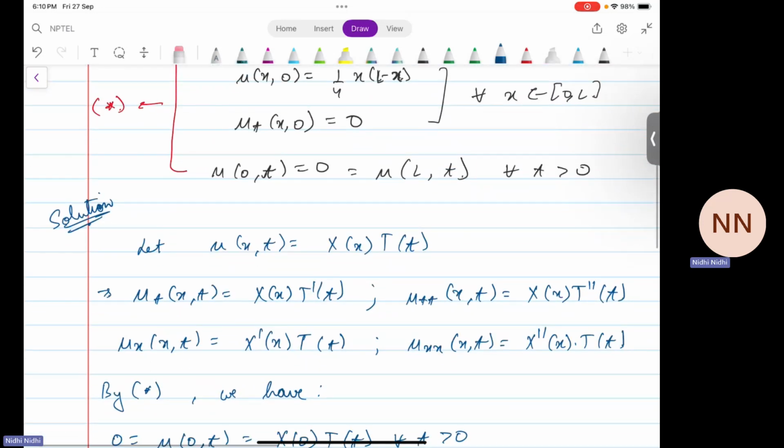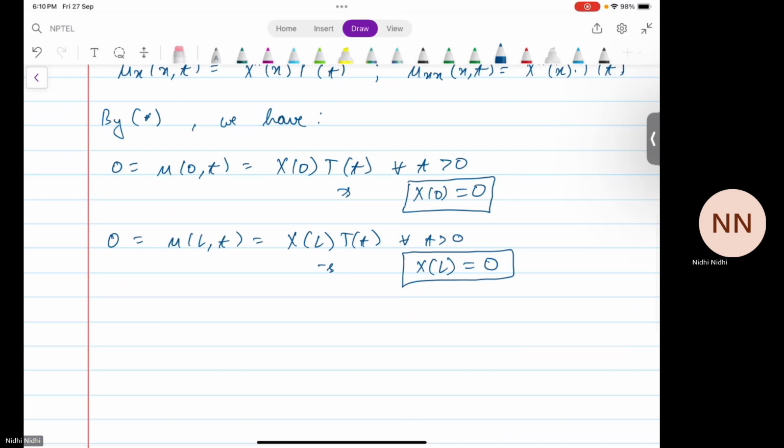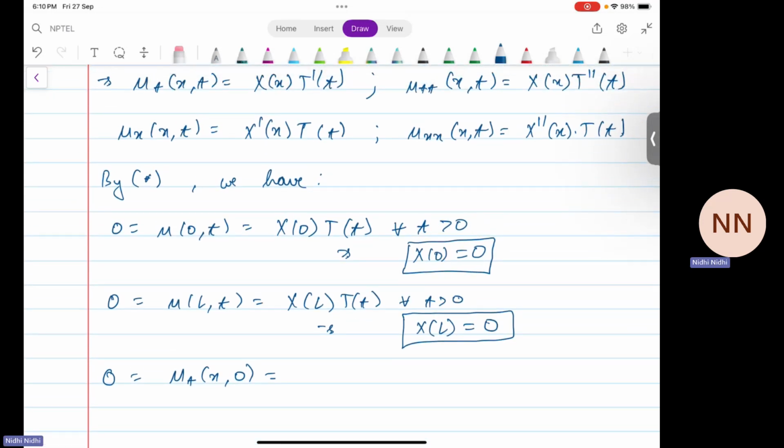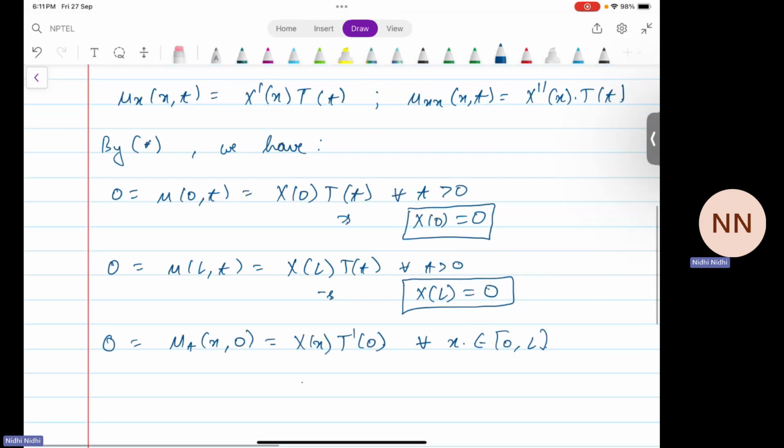Third condition is u_t(x,0) equals 0. So 0 is equal to u_t(x,0), which is X(x)T'(0) for every x belonging to the closed interval [0, L]. This will imply T'(0) is 0, because again X should not be a trivial function.